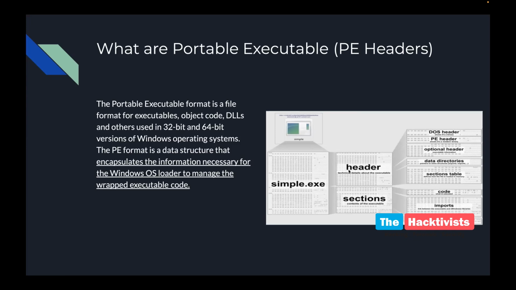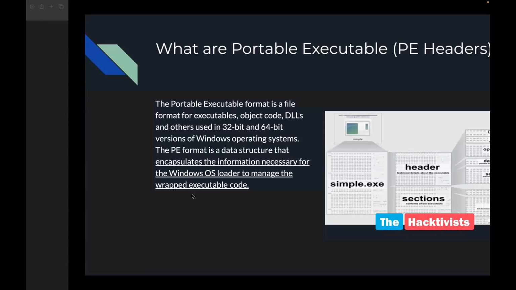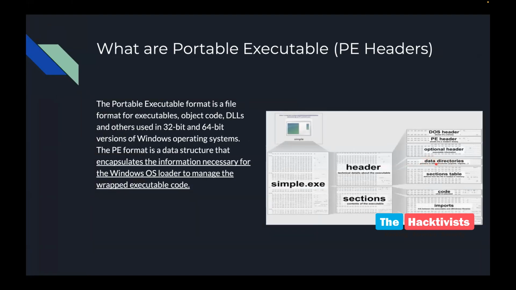In the data directories, there is more information regarding what these imports will be containing, right? So these DLL files, in the previous section, it will just contain that these are the DLLs which are pulled, right? In this section, which is data directories, it will be containing extra information: which particular functionalities will be taken up from those DLL files.